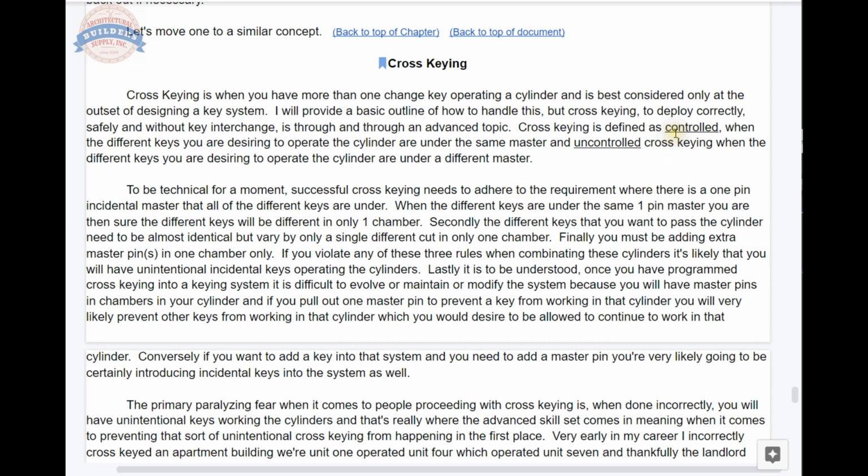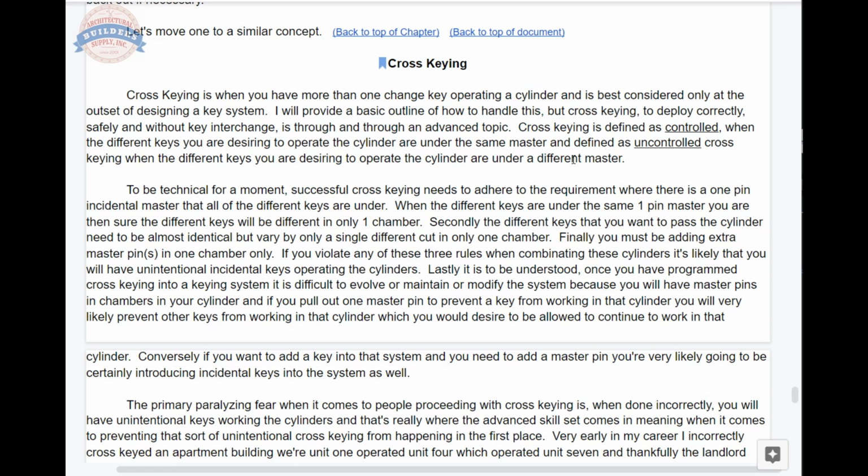Cross-keying is defined as controlled when the different keys you are desiring to operate the cylinder are under the same master, and uncontrolled cross-keying when the different keys you are desiring to operate the cylinder are under a different master.